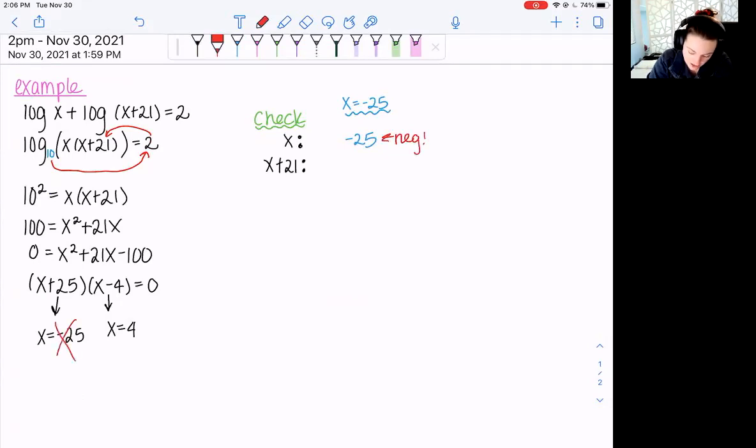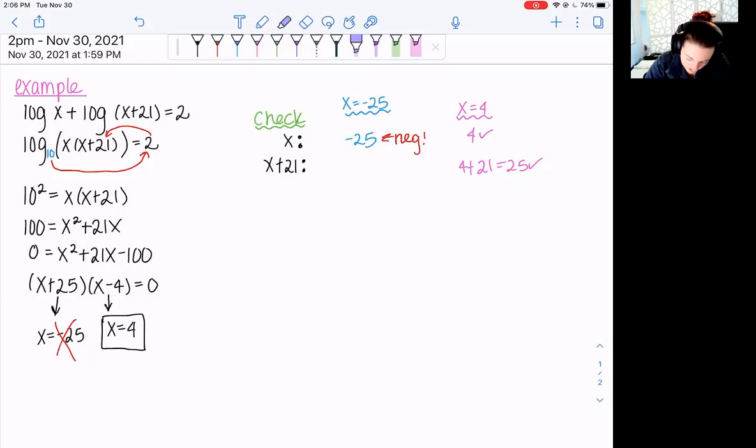So negative 25 is a no-go. Let's try x equal to 4. 4 works, and then 4 plus 21 is 25, which is also positive, so that works. So we get 4 as an answer.